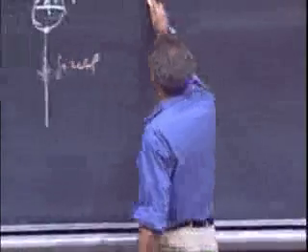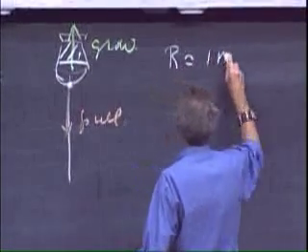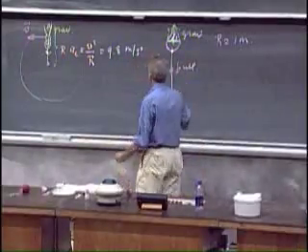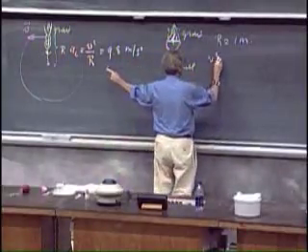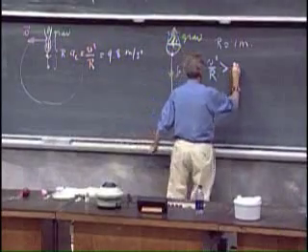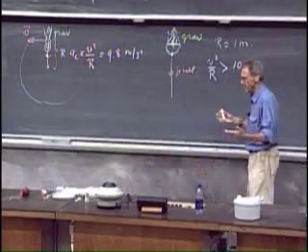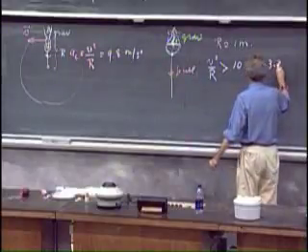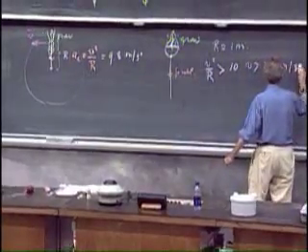I'll just round some numbers off. So r is about 1 meter. And I want v squared over r to be larger than 9.8. Let's just call it 10. So that means v has to be larger than about 3.2 meters per second.